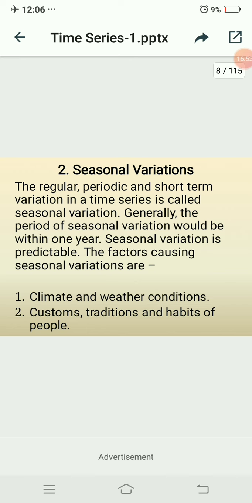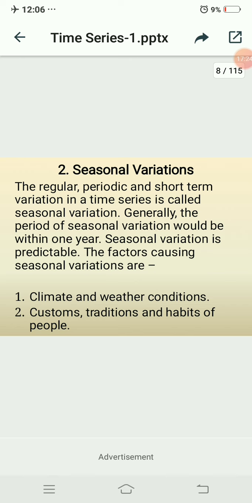Automatically the sweater rates will increase, and you need to consider the customs, traditions and habits of people. Consider chocolates, dairy milk chocolates. Many years ago the chocolate quantity was more and the rate was less, but in the present situation the quantity is less, the quality is more, and automatically the rate increases.